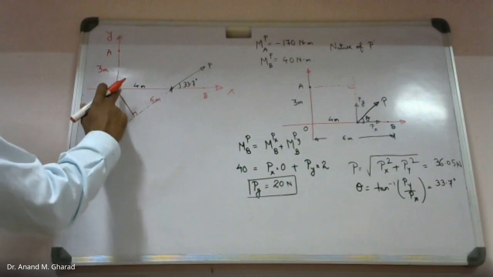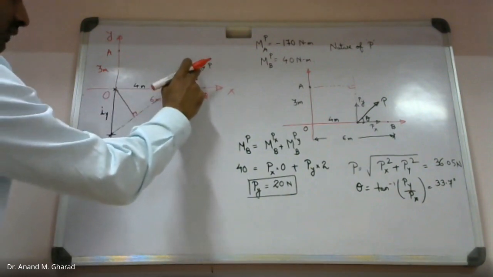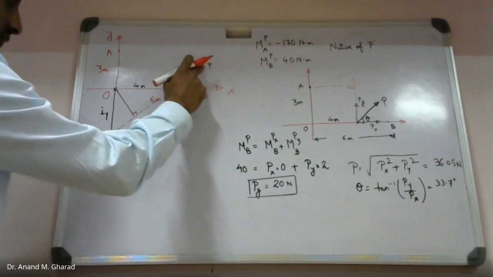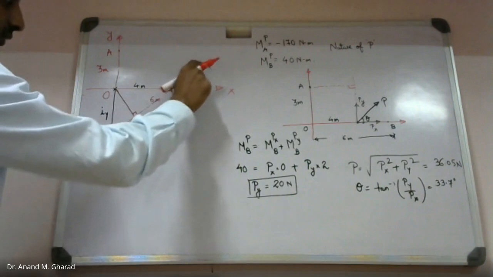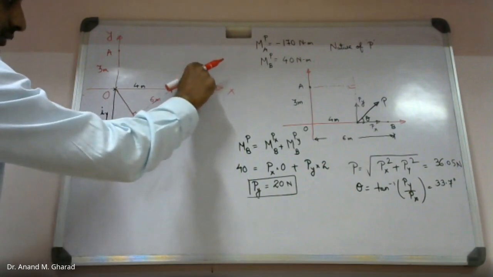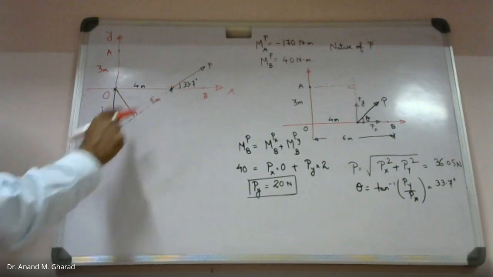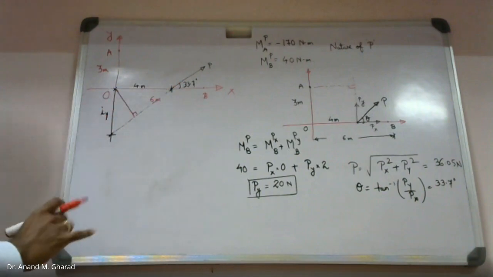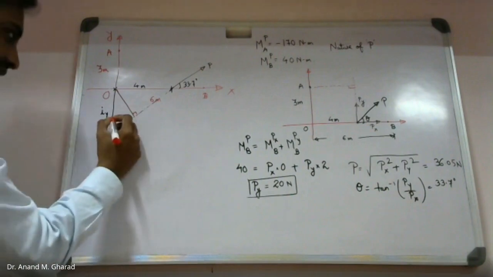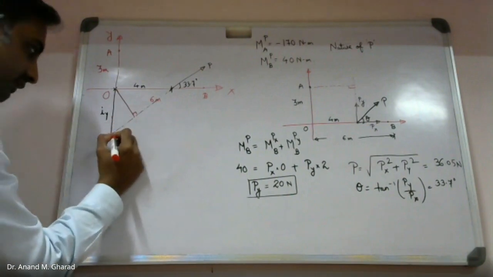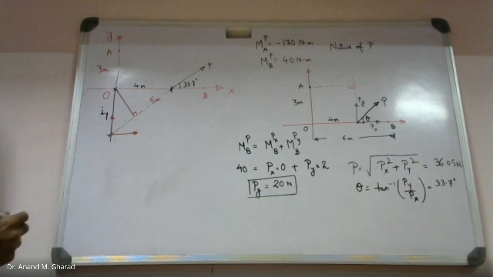So what you can do is, see, we are using the concept of principle of transmissibility. That means whatever force we are expecting on this line of action, that force shall be constant. So even if I consider this point, can I not say that at this location also this P force can be resolved into components?